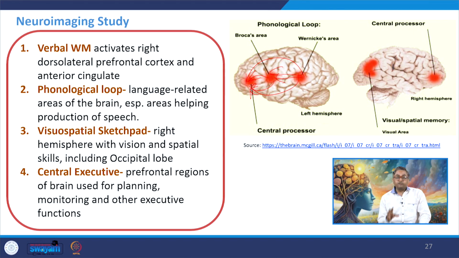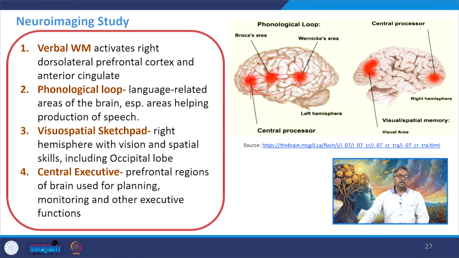The left dorsolateral prefrontal cortex also shows activation. It does not mean that it is passive in nature. However, the threshold of activation in the left dorsolateral prefrontal cortex for working memory is a little lower in comparison to the right.